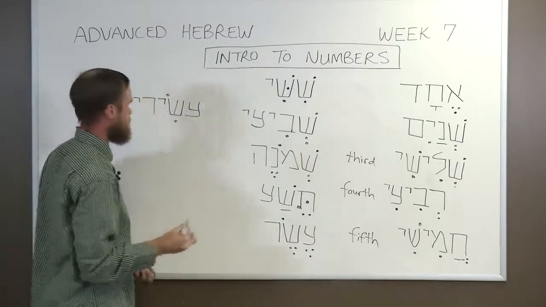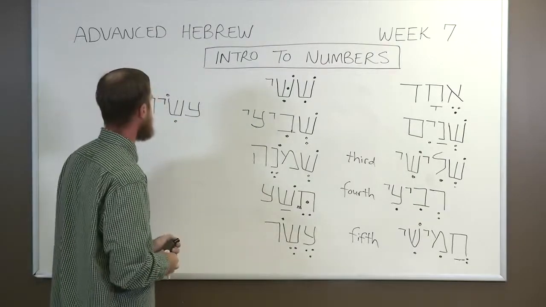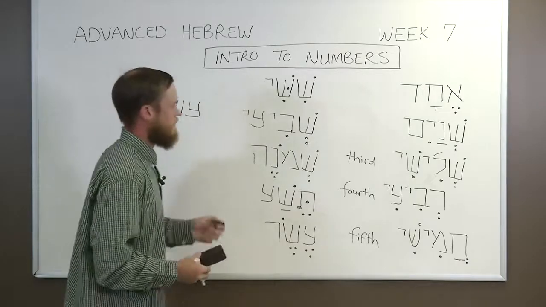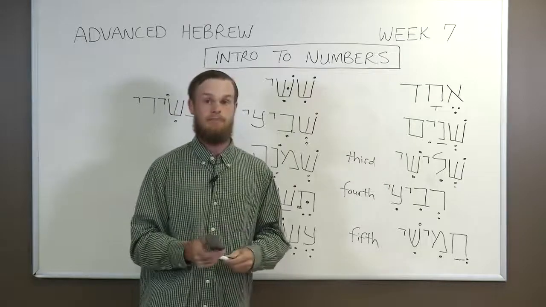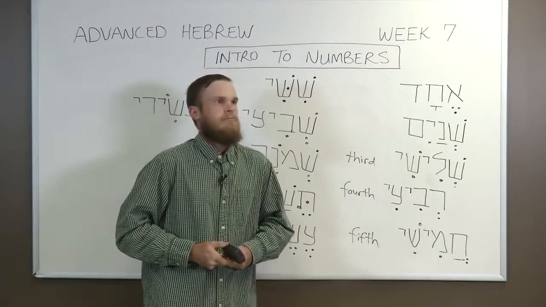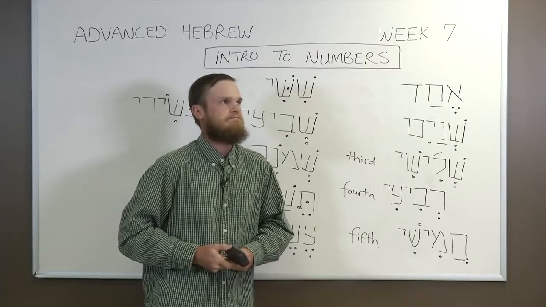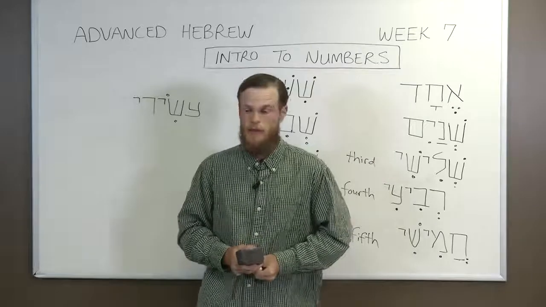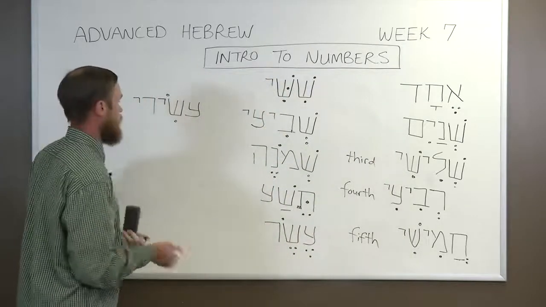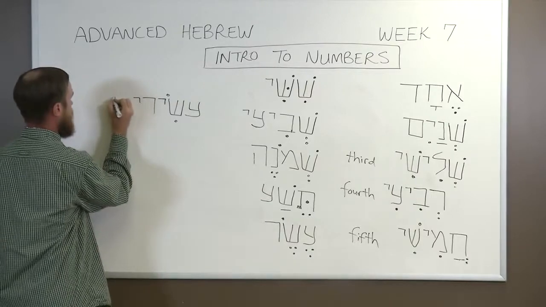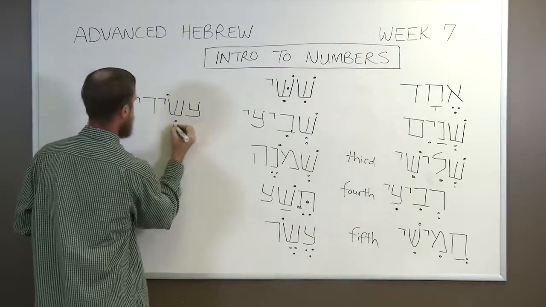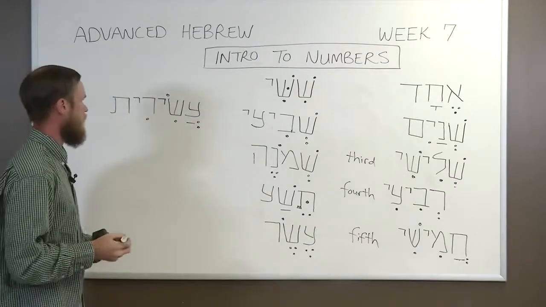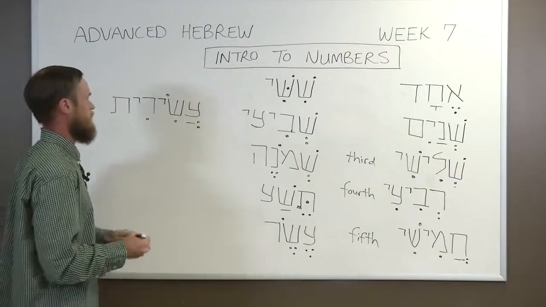If we wish to say a tenth of an omer or some unit of measurement, what we'll do is we will use an ordinal number to designate that. We'll use the feminine form of an ordinal number. Okay, so asirit. And it's not really a different use of an ordinal number.